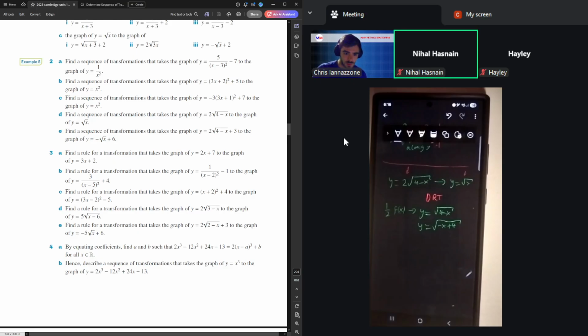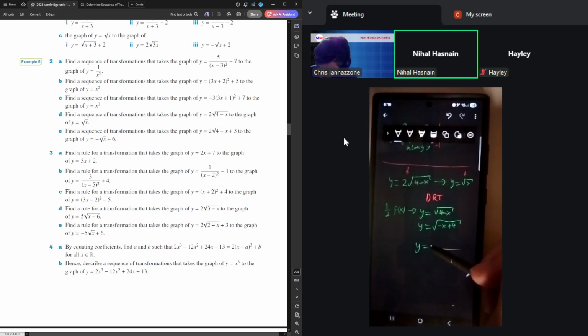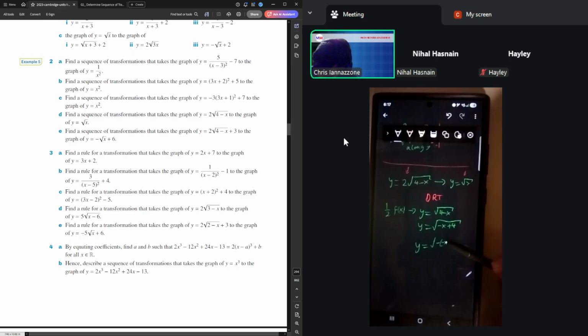Yeah, so we're going to apply negative x to it. That's right. Now, what is that actually going to look like? Square root of negative x. So a positive x. Negative x, like this? Yep. Almost.